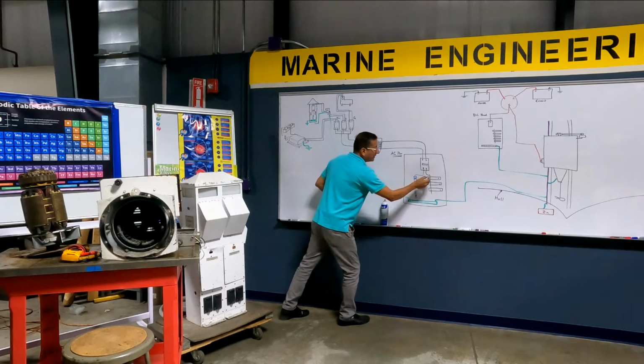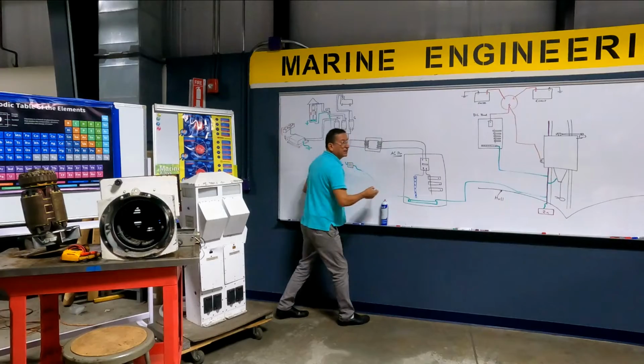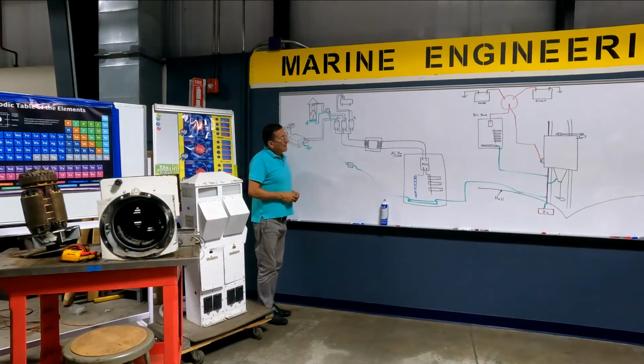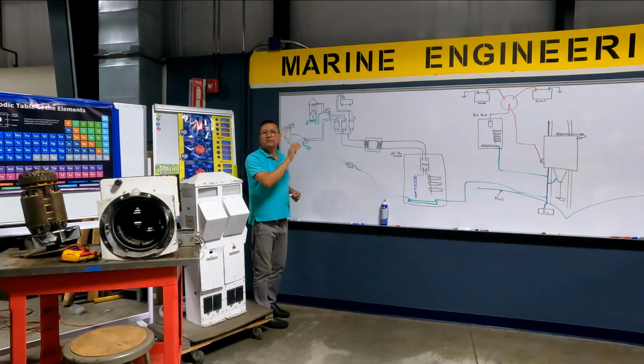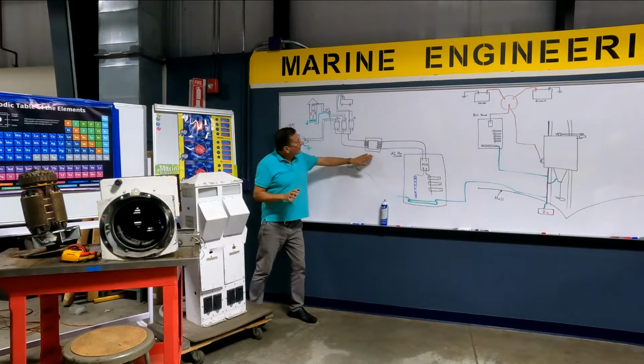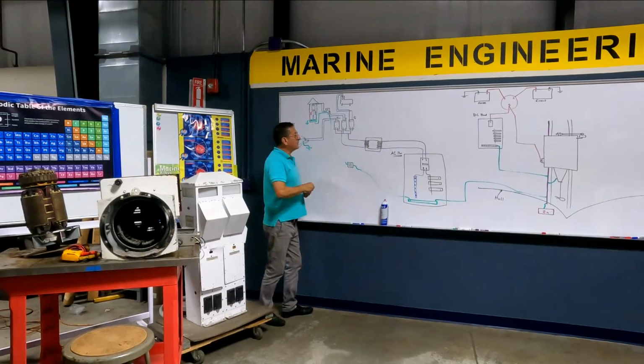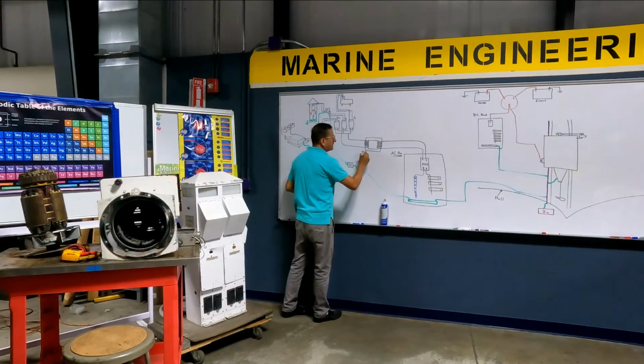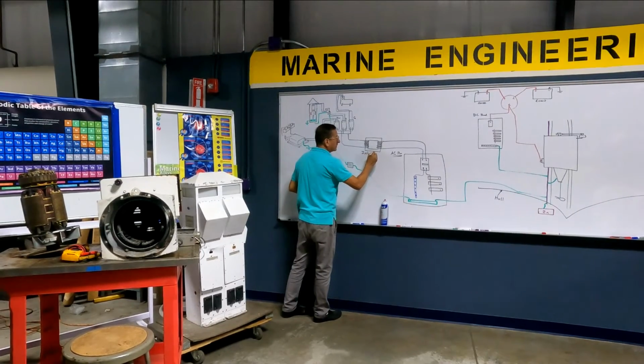The hot line feeds the hot line bus bar, and the neutral feeds the neutral bus bar. And now I am going to connect appliances. Clear, guys? We are going to try to understand the meaning of this transformer. The name of that transformer is isolation transformer.